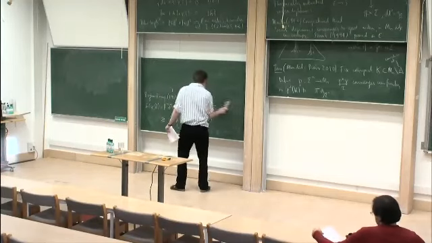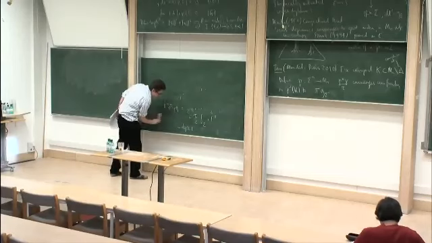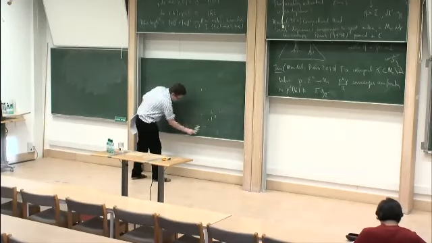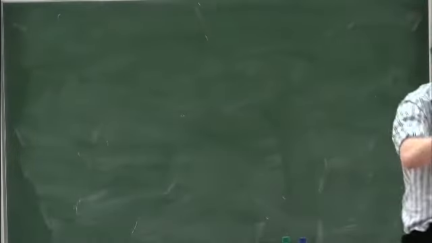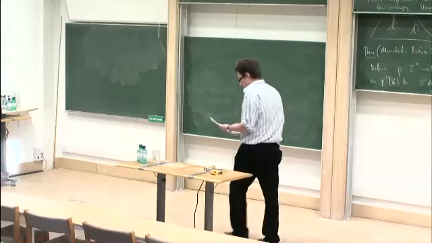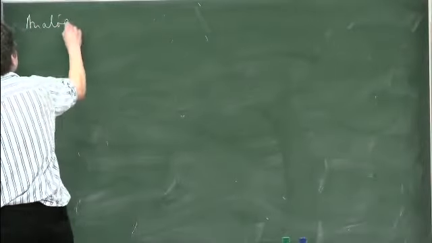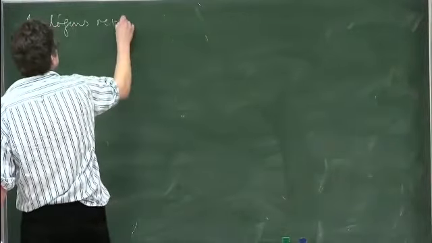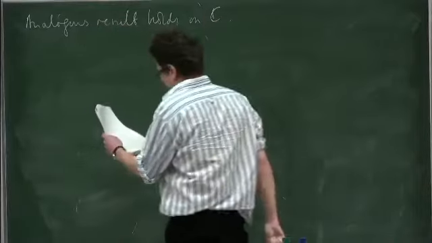Well, that's on a compact space. In fact, an analogous result has been known for many years on the complex plane. It follows immediately from results of Taubes, in fact. So an analogous result holds on the complex plane.